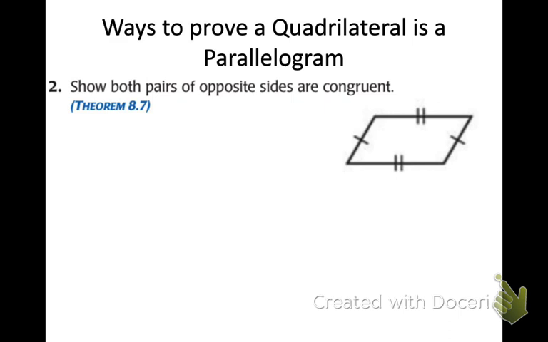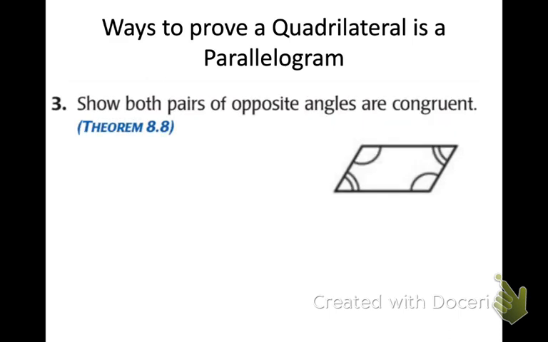All right, number 3. We can show both pairs of opposite angles are congruent. So show both pairs of opposite angles are congruent.